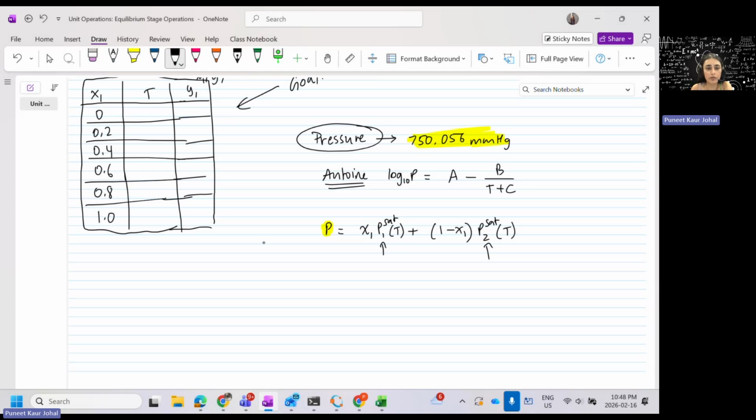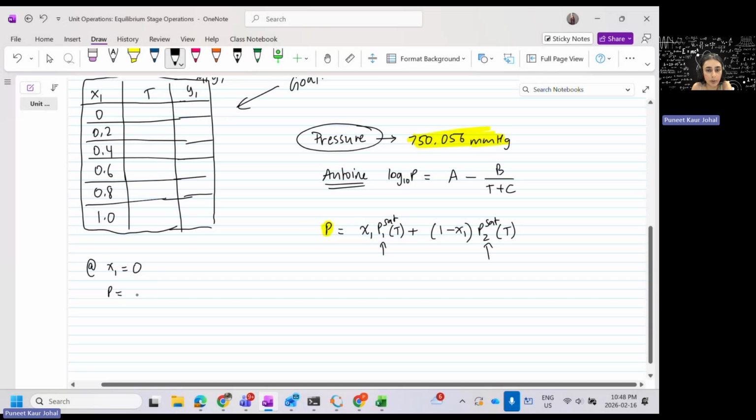Now, let me show you what happens at x1 being 0. This is an easy situation because when x1 becomes 0 and I put 0 over here, this whole thing is going to become 0.